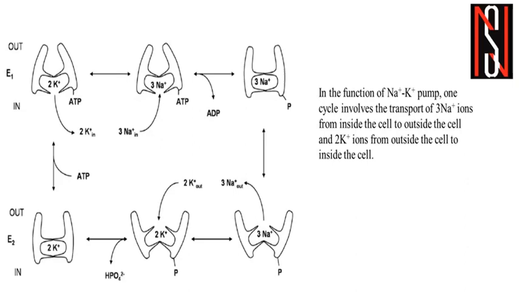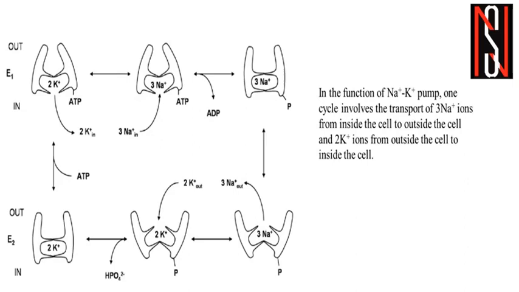Now we will go through the complete diagram, or the complete mechanism, of this sodium potassium pump. In the function of this pump, first in the cycle, three sodium ions are transported from inside of the cell to the outside of the cell, and two potassium ions from outside of the cell to inside of the cell.